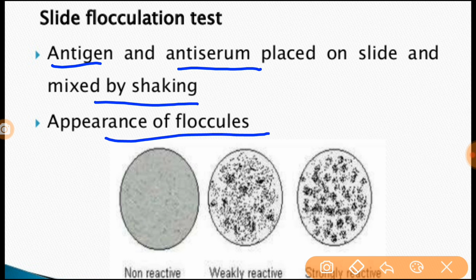The appearance of floccules, these dotted structures, is the reaction. If there is no reaction, it looks like that. If weakly reactive, floccules appear as a few dots, and if strongly positive, there is a bunch of dots, so you can easily recognize it by this.